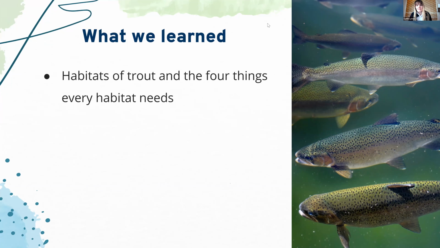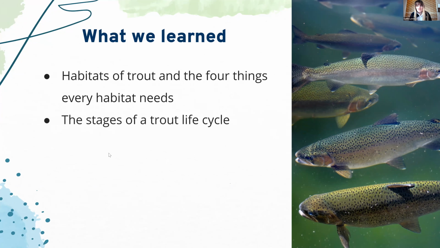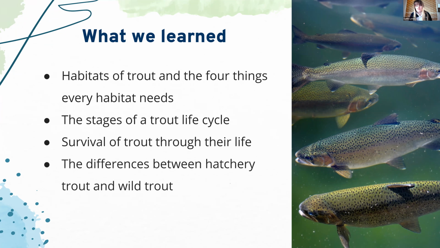We learned about the habitats of trout and the 4 things that every habitat needs. We also learned about the stages of the trout life cycle, so what stage means what, how many of our trout survive those stages, and what they can expect. Also survival of trout throughout their life, and the differences between our hatchery trout and our wild trout.